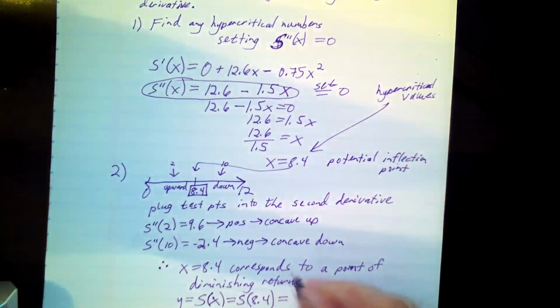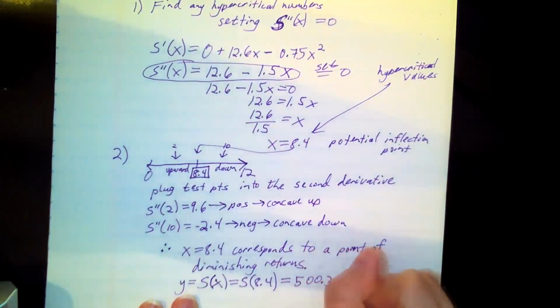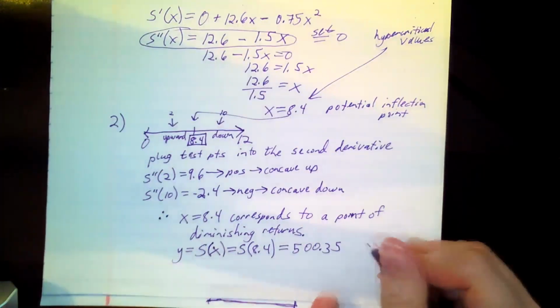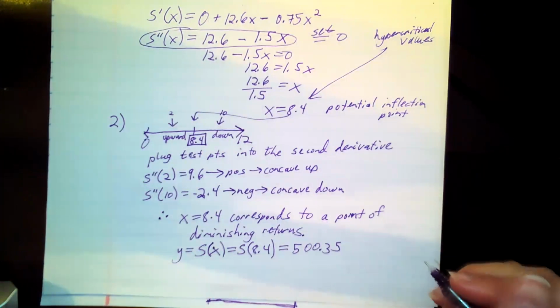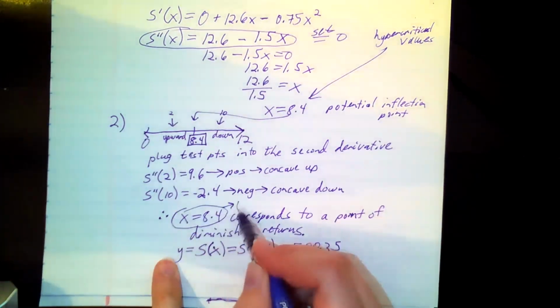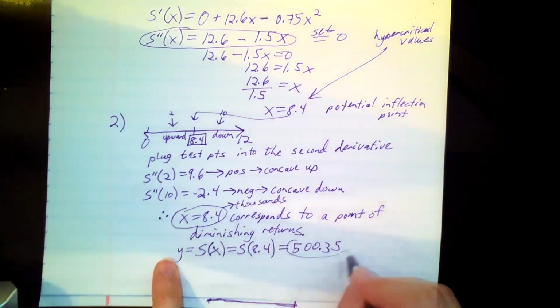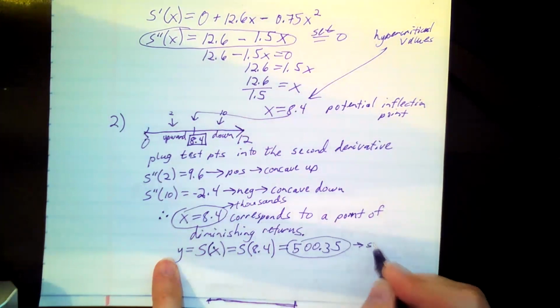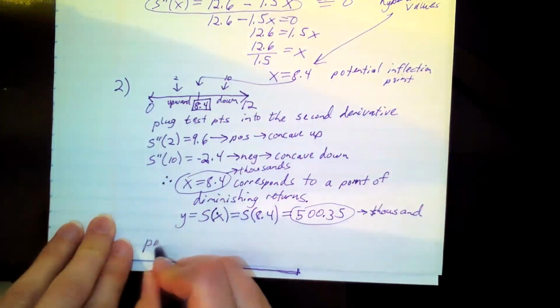You get a value of 500.35. And this is your sales. But the thing is, if you remember, 8.4 is in thousands, and so is this. So I have to multiply these both by 1,000 to get my true point.